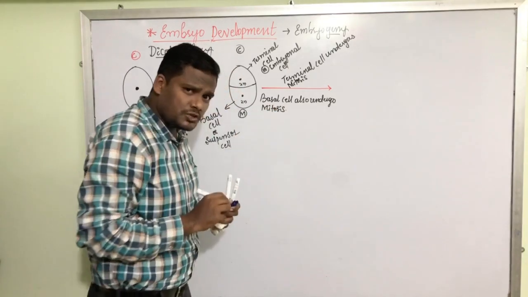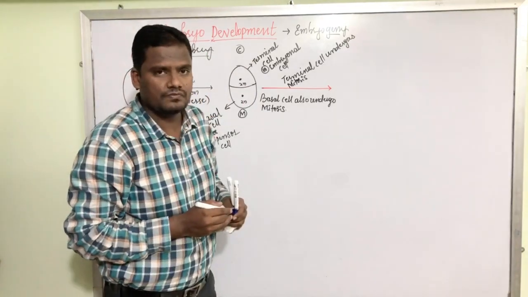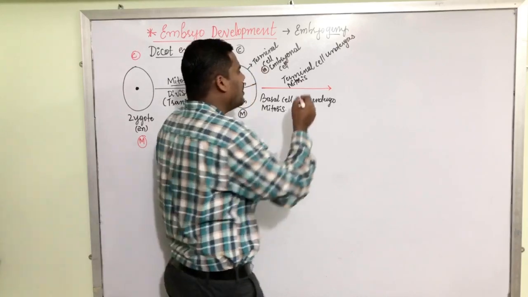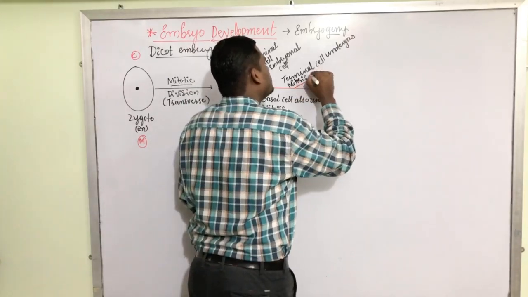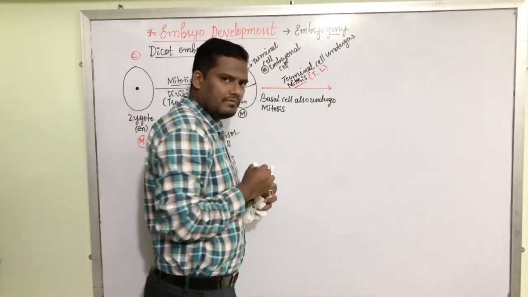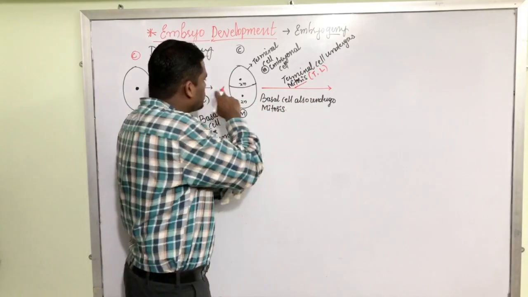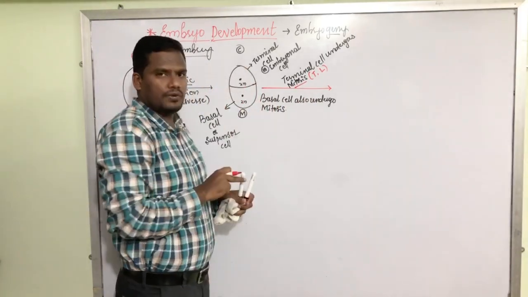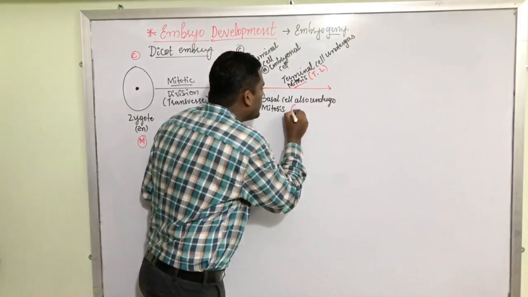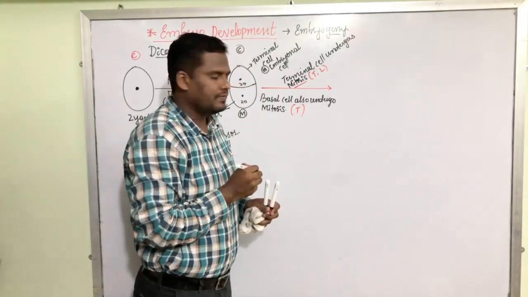But there is a difference between terminal cell mitosis and basal cell mitosis. What is the difference? The terminal cell undergoes mitosis both transversely and longitudinally. That means the cell is going to divide on a transverse plane as well as on a longitudinal plane, whereas the basal cell divides only by a transverse type of cell division.